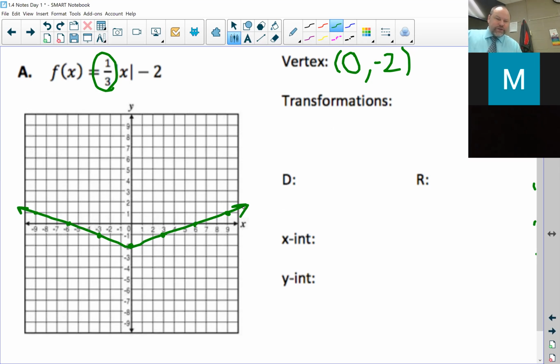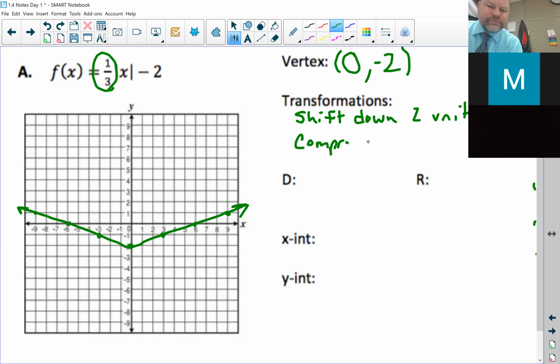So there are 2 transformations here. We shift down 2 units, and there's a compression by a factor of 1/3.